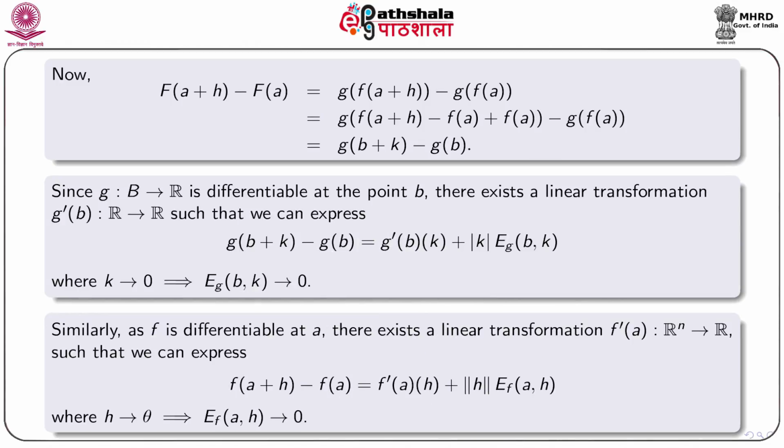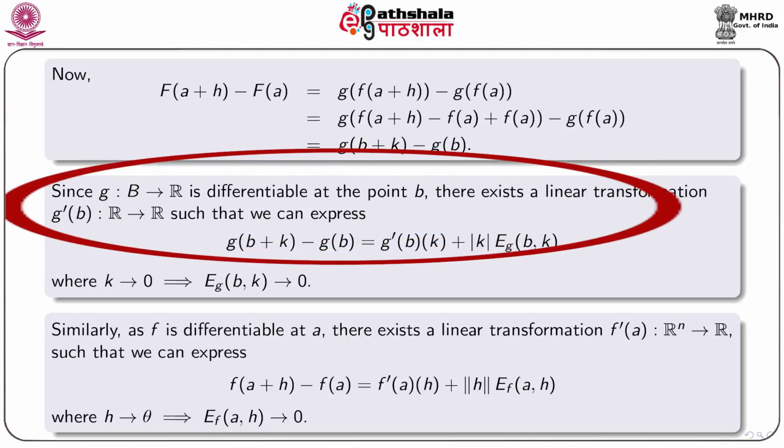Now, we first find out the increment of the function F for which we are going to check the differentiability. We find F(a+h) - F(a) equal to g(f(a+h)) - g(f(a)), that is nothing but g(b+k) - g(b).